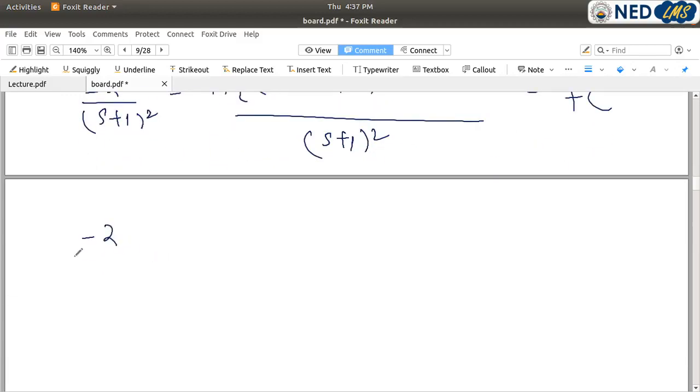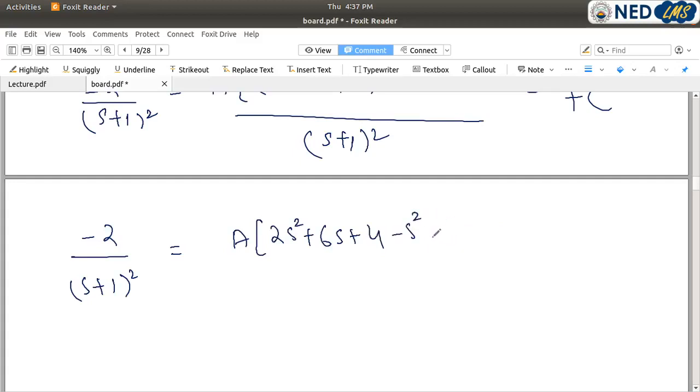Minus 2 over s plus 1 whole square is equals to a, 2s square plus 6s plus 4 and minus s square minus 4s minus 4. This gets cancelled.